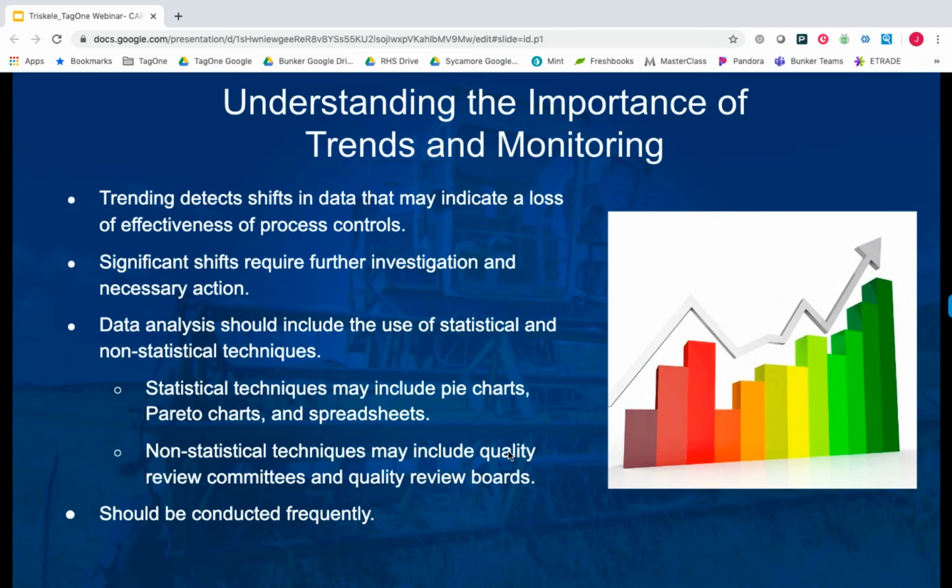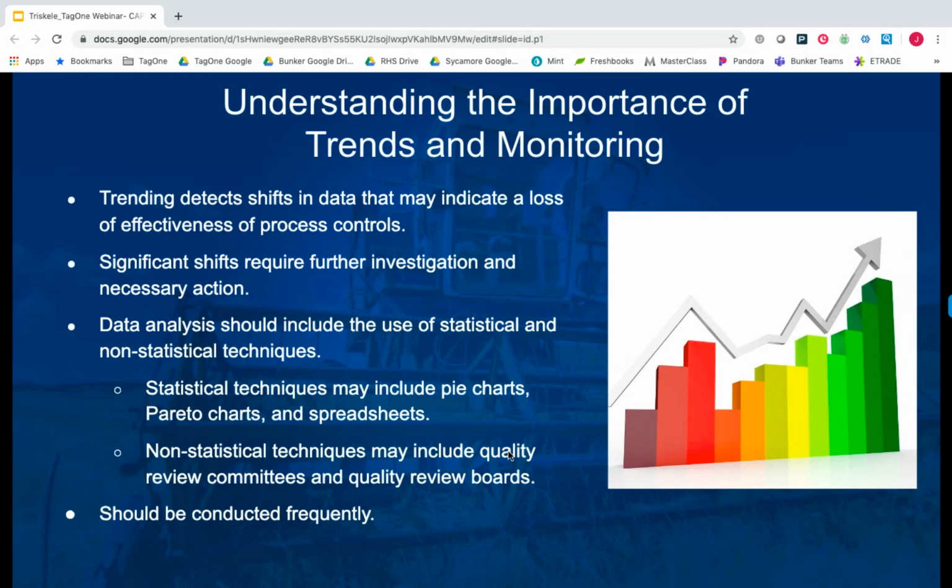Trending detects when you have a shift, which potentially could indicate that you have a loss of control somewhere in your process. And when you see a significant shift in that data, you need to react to that, because if something bad hasn't happened right now, more than likely it's going to happen. That shift in that data is your alarm that something bad may be happening.